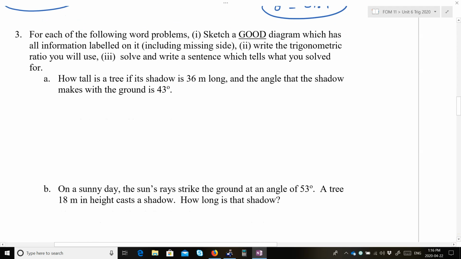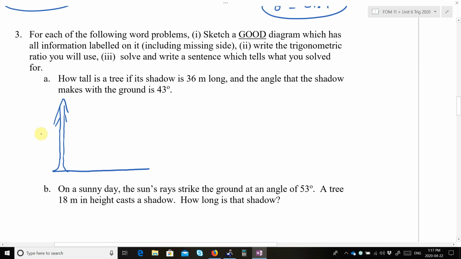So in A, how tall is a tree if its shadow is 36 meters long? And the angle that the shadow makes with the ground is 43 degrees. Okay, so we've got a tree here. Let me attempt to draw a tree. Okay, there's my tree.